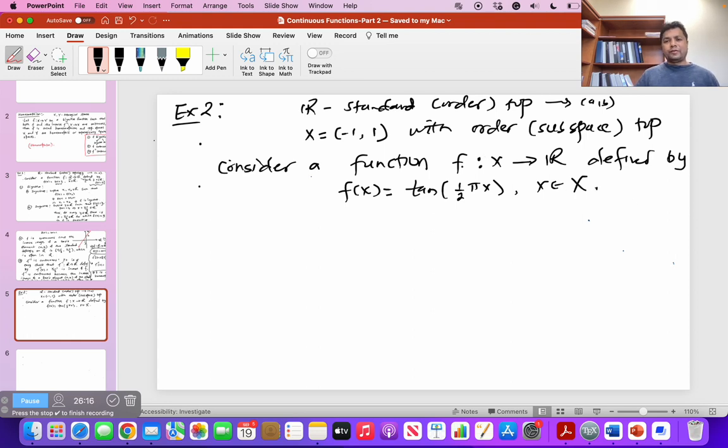So we have a function f from this interval to R, which is defined by this trigonometric function, tangent.